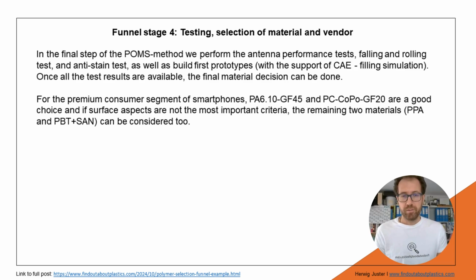And if the surface aspects are not the most important criteria, the other two materials, such as the high performance polyamide and the PPT SEN, can be considered too. So this is how the final decision in this case looks.